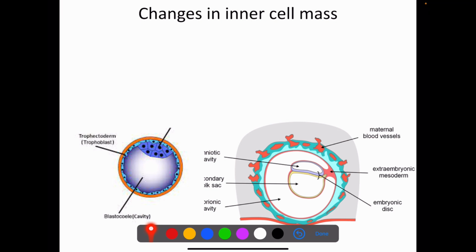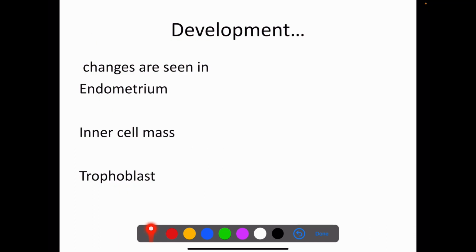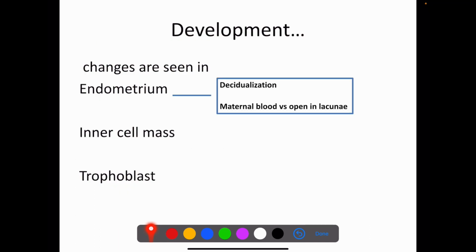These spaces are called as lacunae. Okay, just remember this thing. So the changes which are seen in the endometrium is the maternal blood vessels, they open in the lacuna. What is lacuna? Lacuna is a space which will develop in the trophoblast.